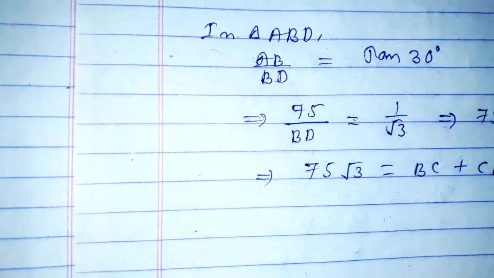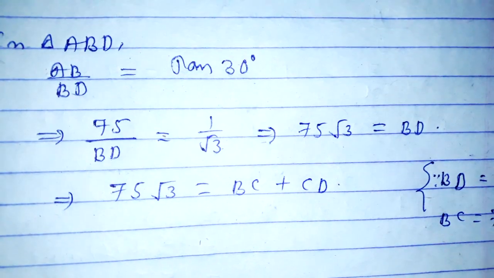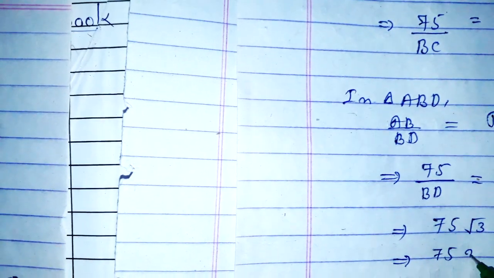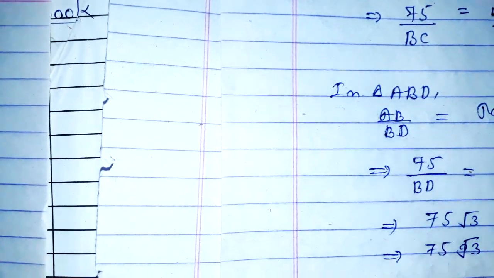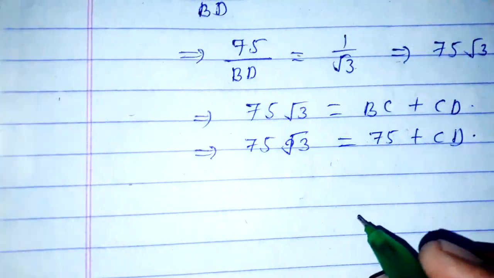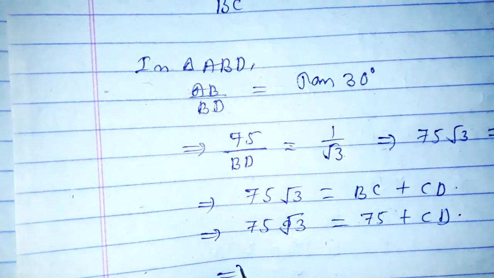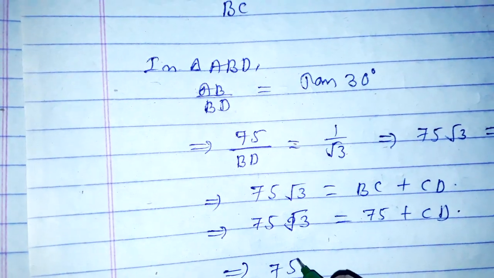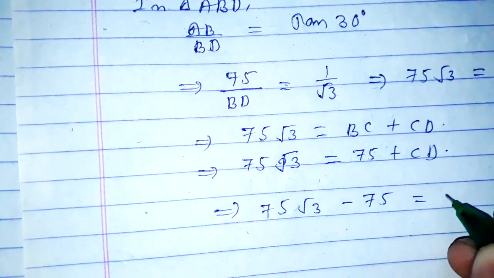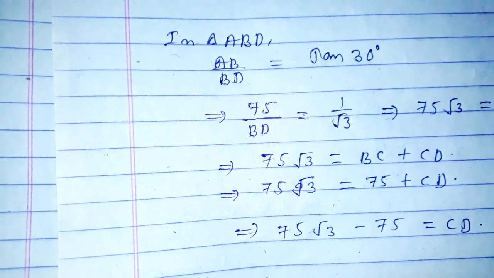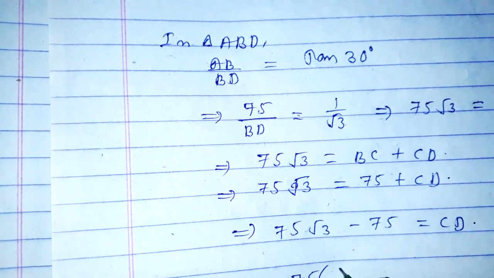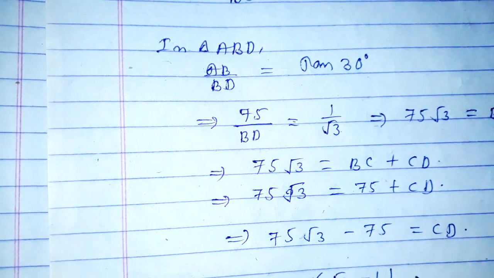BC is equal to 75 meter. Transfer here, CD is 75 root 3 minus 75. 75 is common, so this is 75 times root 3 minus 1, equal to CD.